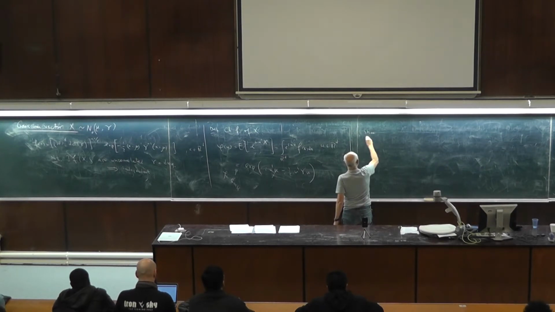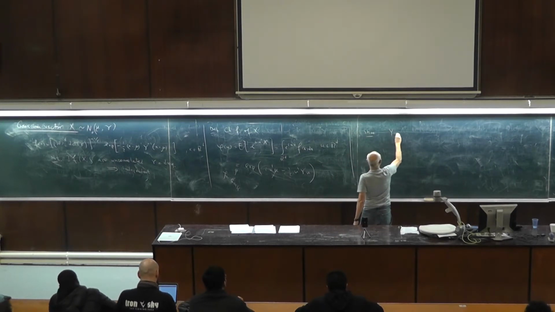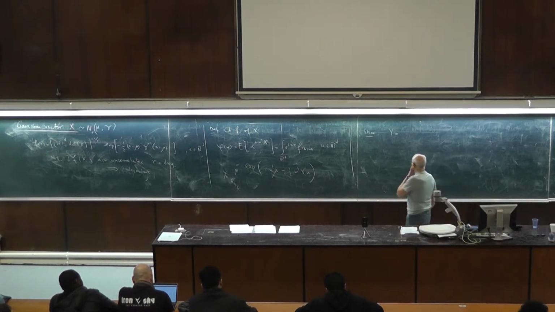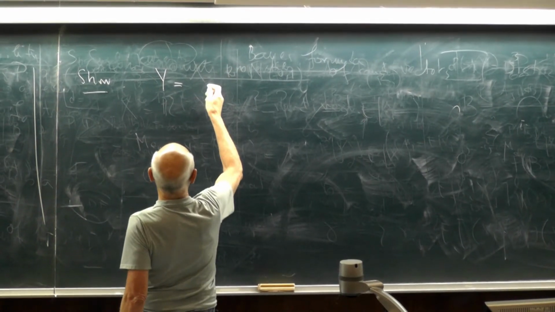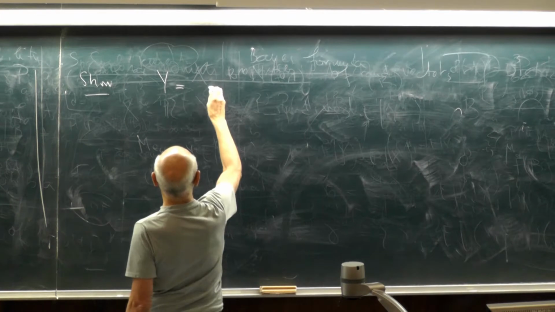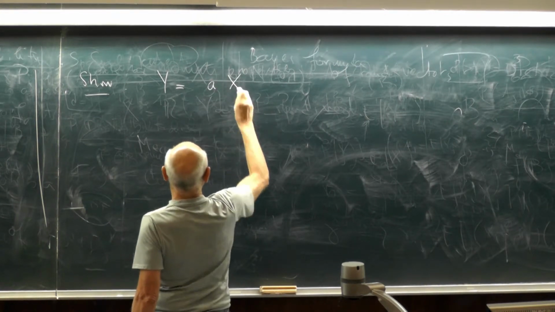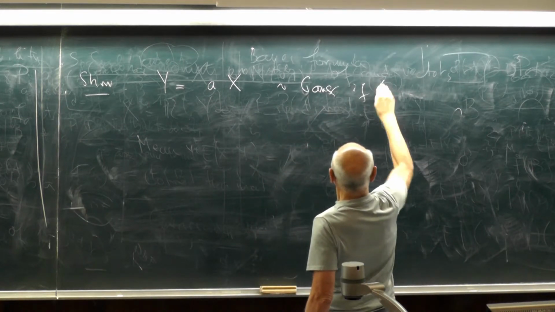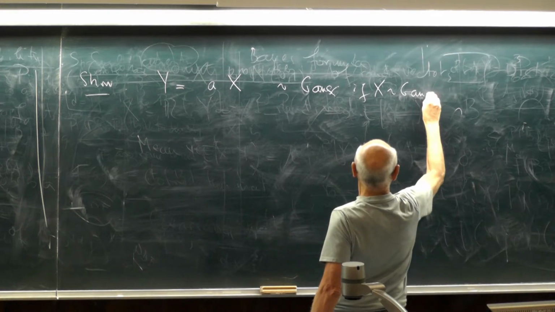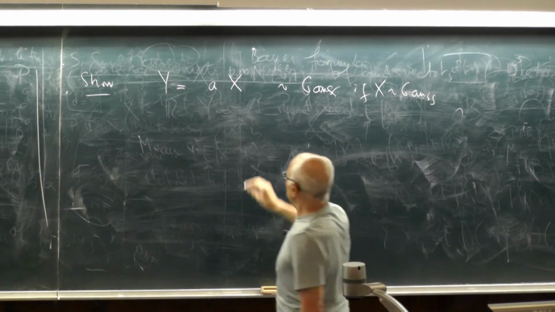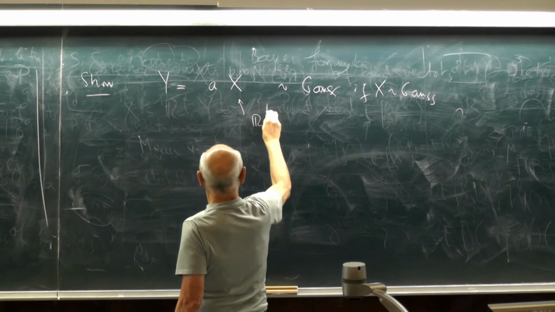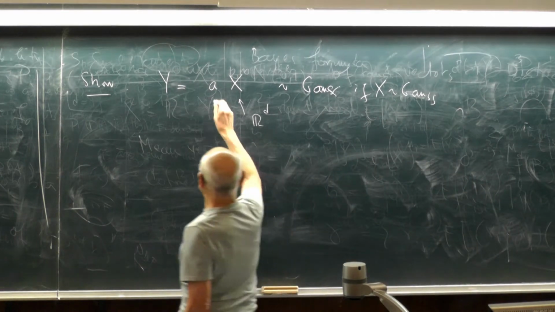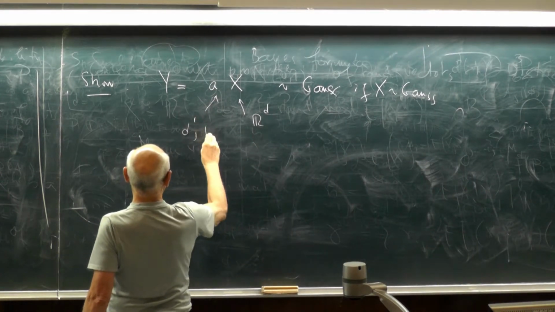Show that the following random variable Y, which is defined as, I use Y, okay, A times X, is Gauss if X is Gauss, where of course X is an R^d vector, and A is a matrix which can be d prime by d, right?